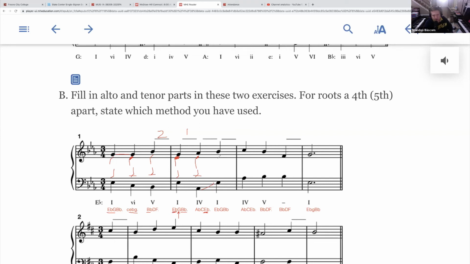We must not be doing way number 1, right? Because we don't have stepwise motion down. We have stepwise motion up. That sounds like a way number 2 to me.